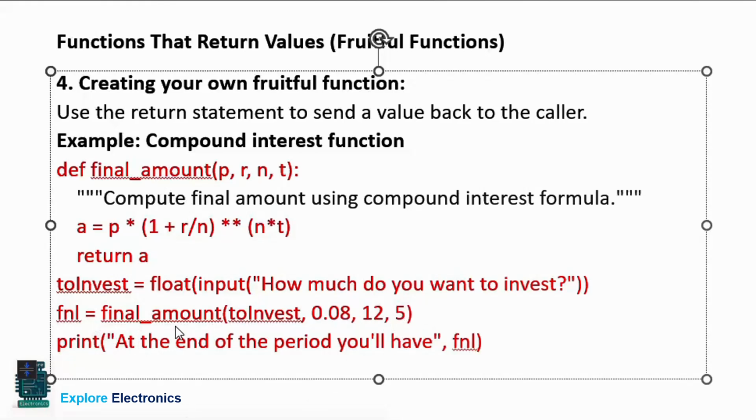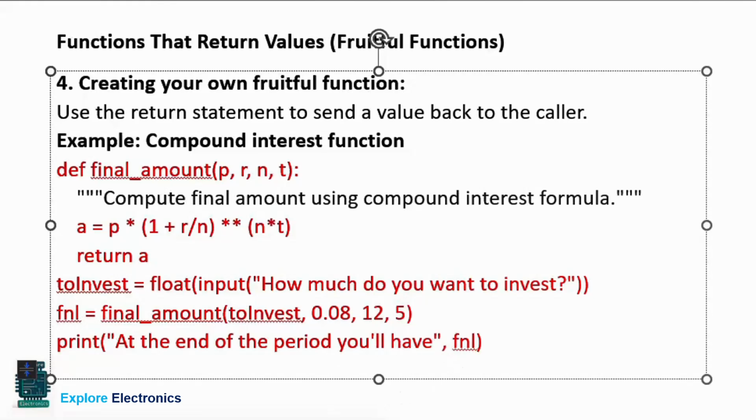Here it calls the function with 8%. 0.08 means 8% interest, and compounded monthly it is 12, for 5 years. It will store the result in final. And finally, print: at the end of the period, you will have final. It will print the output as at the end of the period, you will have the final result.